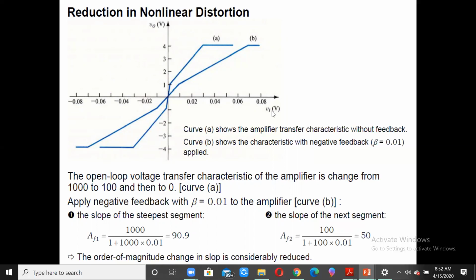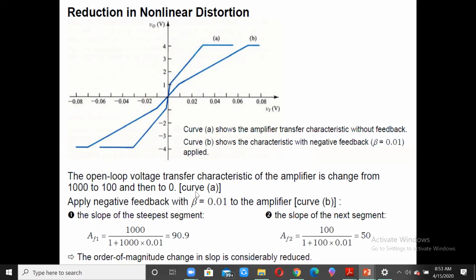Here we are assuming that the amplification is 1000, then the amplification here is 100, and then the amplification here is 0. So the open loop voltage transfer characteristic of the amplifier changes from 1000 to 100 to 0.